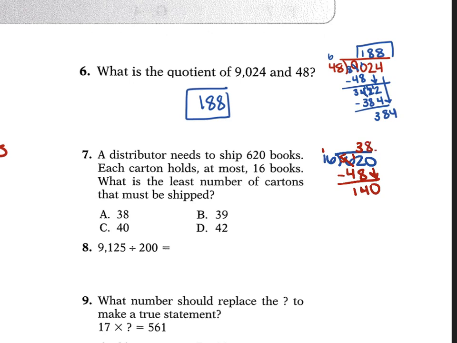So 8 times the 6 is 48. 8 times 1 plus 4 is 12. So we subtract these two, and this is going to be 12. From here, it tells us what is the least number of cartons that must be shipped? Well, it's 38 with a remainder of 12, so that's 39.